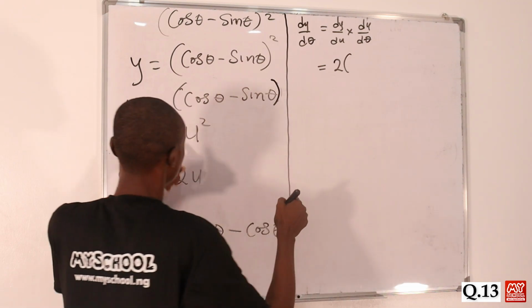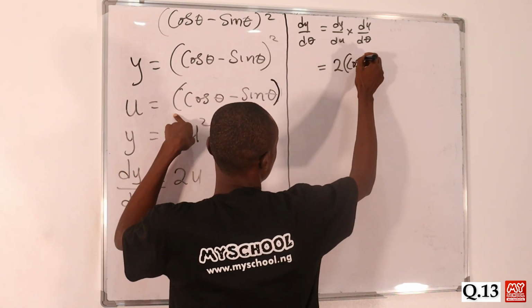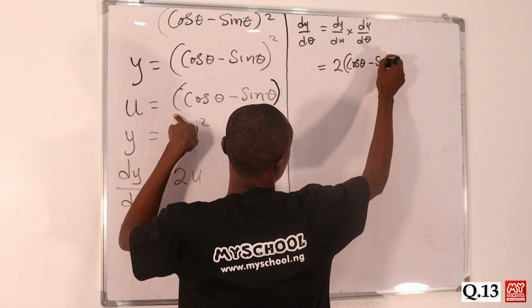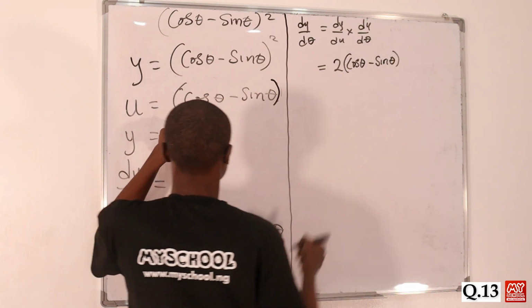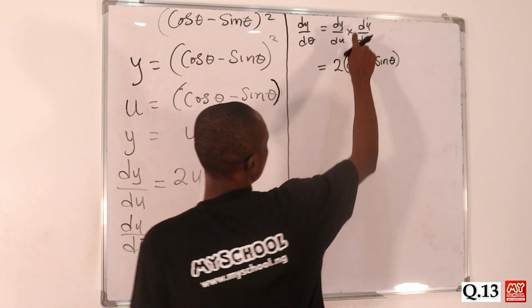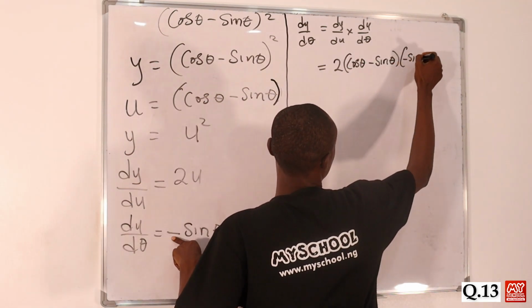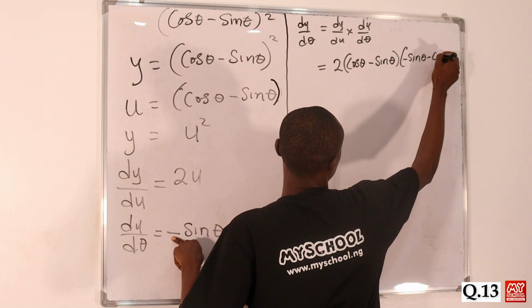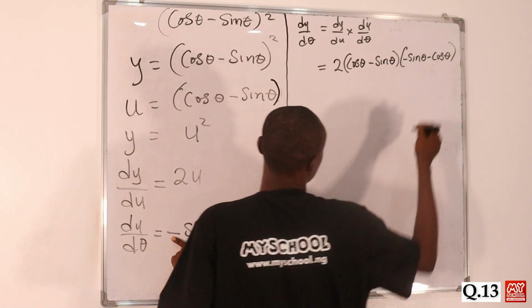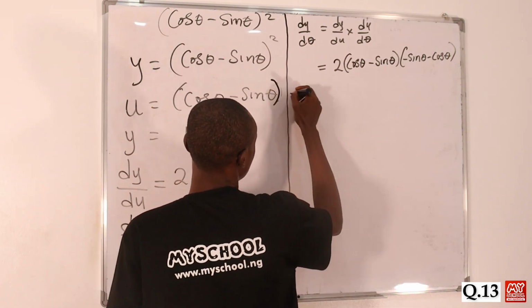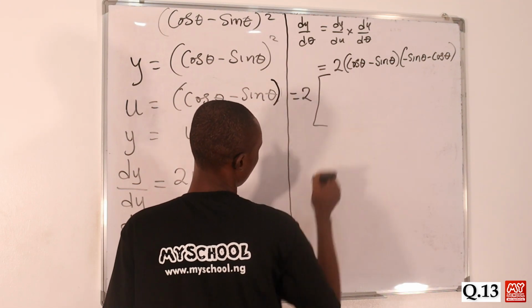But remember that u is equal to cos theta minus sine theta, so let's put this in brackets. Then du/d theta is equal to minus sine theta minus cos theta in bracket. So let's expand out, okay?